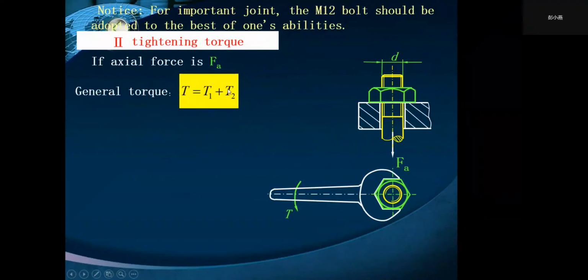T1 and T2 are the frictional torque in the thread and at the bearing surface, respectively.